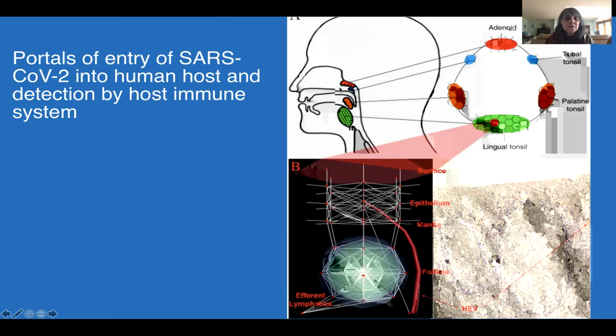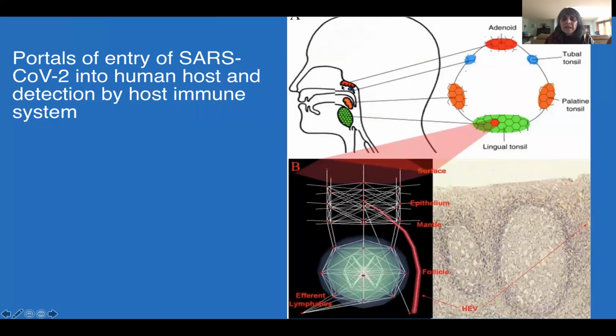It comes in through the nasal passages, and it turns out that in our throat, we have organized lymphoid tissue, our tonsils and our adenoids. That mucosal tissue is the first way that dendritic cells can encounter the virus that enters the body.